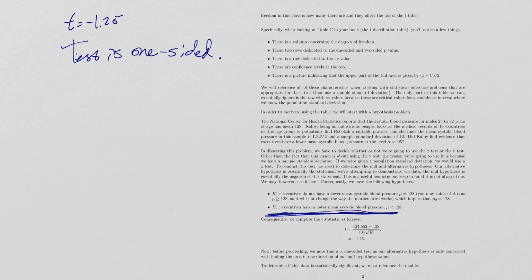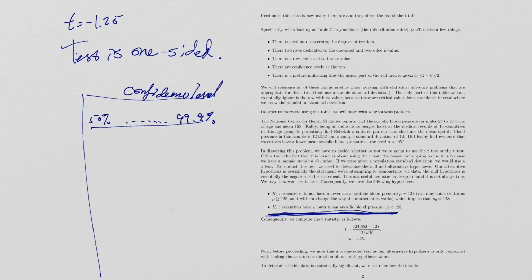The next thing, we need to determine if this data is statistically significant. So the next thing is going to be, we look at the t-table. If you look at the one in the back of your book, you'll see confidence level, like 50% all the way to 99.9%.